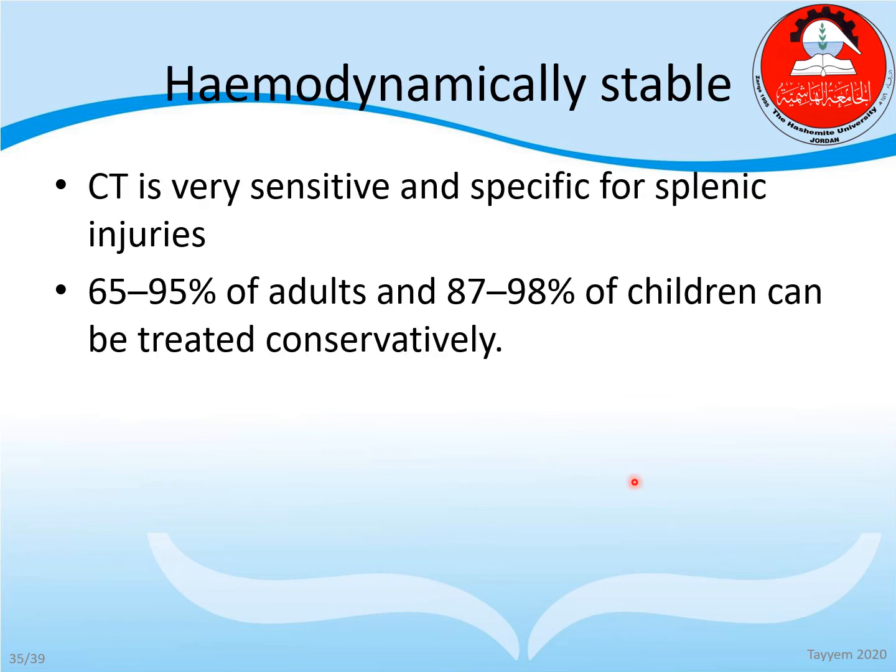In the other category, the patients who are hemodynamically stable, imaging plays an important role. As the CT scan is very sensitive and specific for splenic injury, if the patient is hemodynamically stable, then the majority of patients could be treated conservatively without the need to remove their spleen.